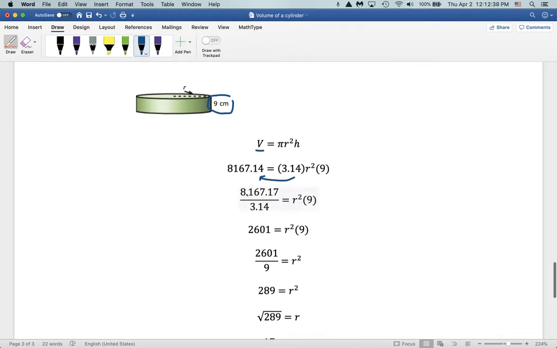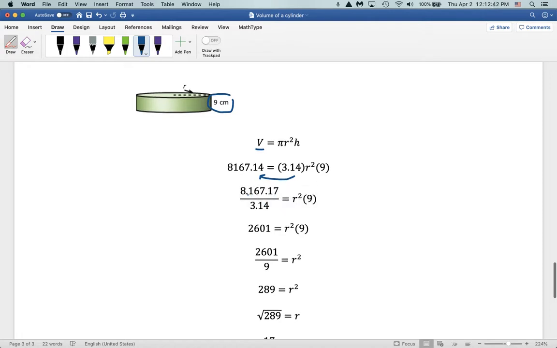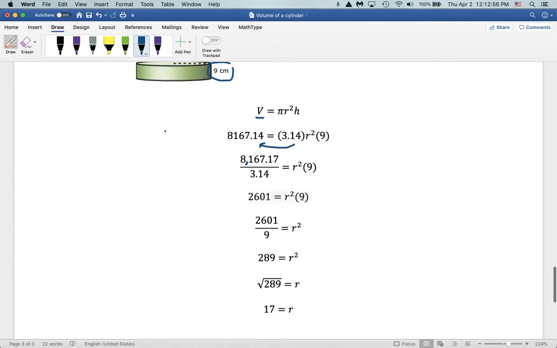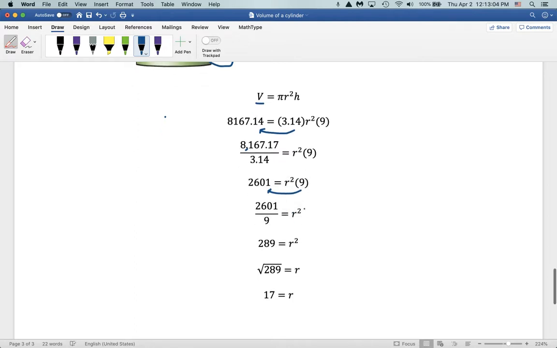When I do this division with the calculator, I took 8,167.14 divided by 3.14 and got 2,601 equals the r squared times the 9. Then I do the same thing with the 9. I bring the 9 over, and since it's multiplication, I divide by 9. That leaves just the r squared.